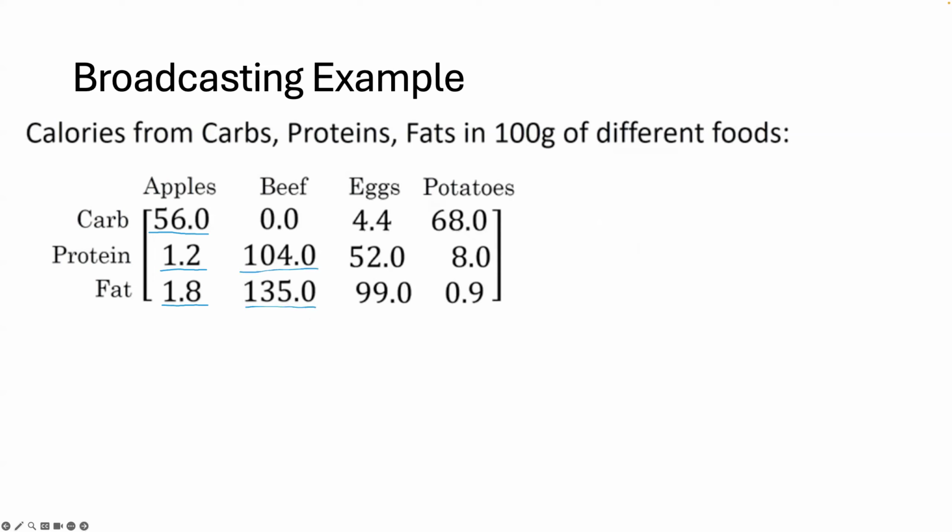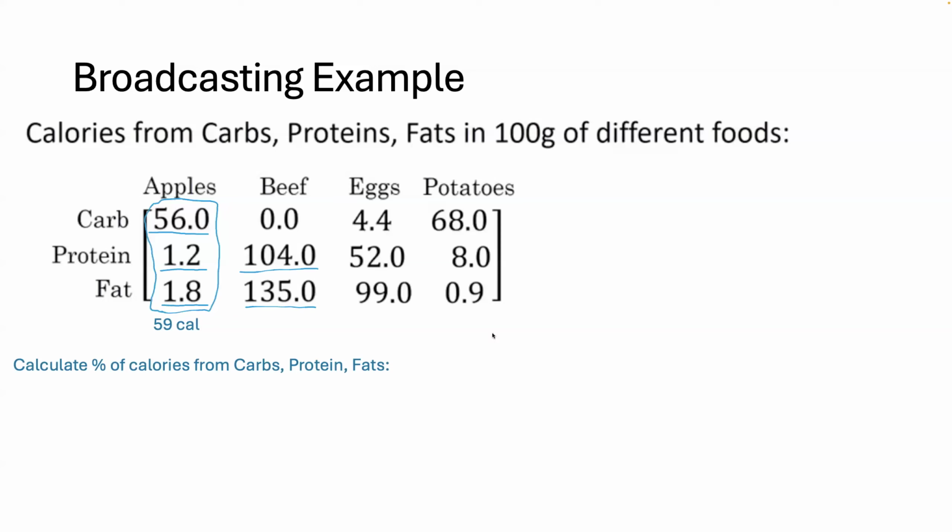Now, let's say your goal is to calculate the percentage of calories that are coming from carbs, protein, and fats. If you look at this column, we can add all these numbers together, and for 100 grams of apples, you'd get 56 plus 1.2 plus 1.8, which is 59 calories.